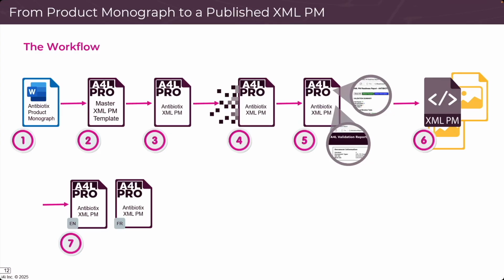After the validation, in step 6, I'll publish the working document to generate the XML PM along with its associated images in a folder. Finally, for step 7, I'll use the finalized primary language, English XML PM in this case, to create the French translation framework, completing the migration process.